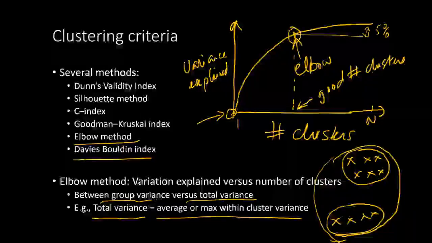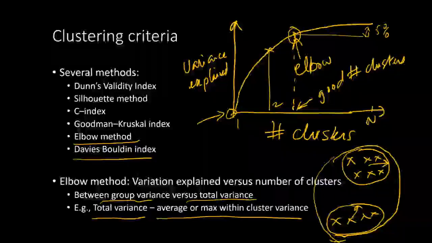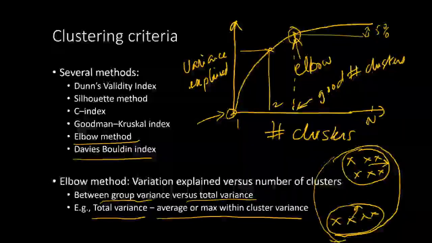Now from that, if I subtract either this average radius or the max of these radii, I will get some point which is there for two clusters. That difference would be somewhere here, and let's say that is the elbow point. That looks like a natural cut, and that would be the number of clusters that I have. So that's a heuristic method to look at this, the elbow method.